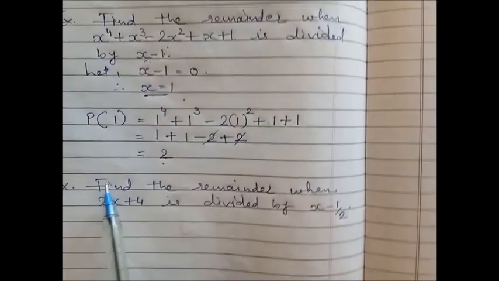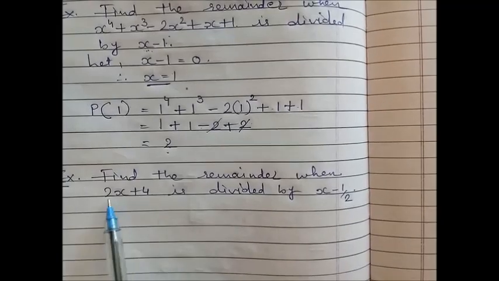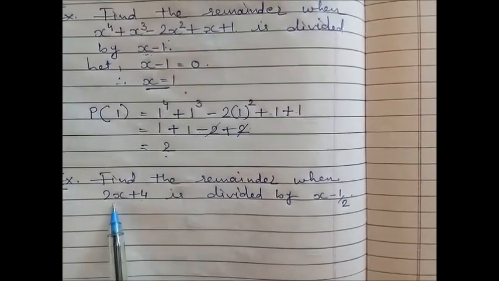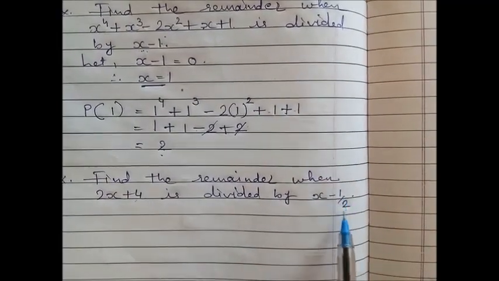Now see this. Find the remainder when 2x plus 4, this is our polynomial, right, is divided by x minus 1 by 2.